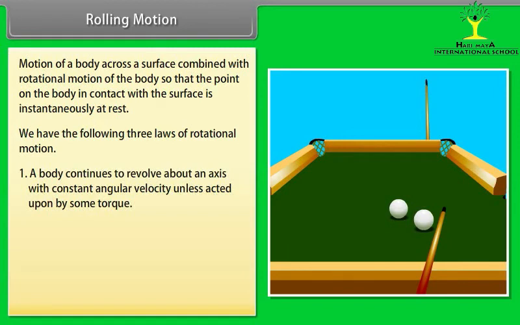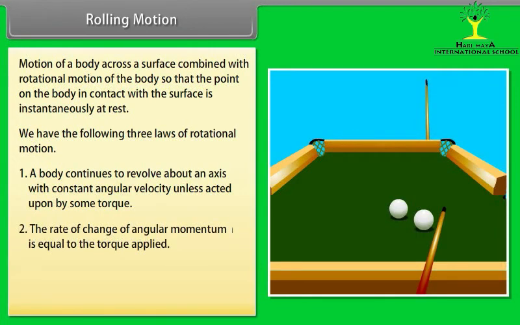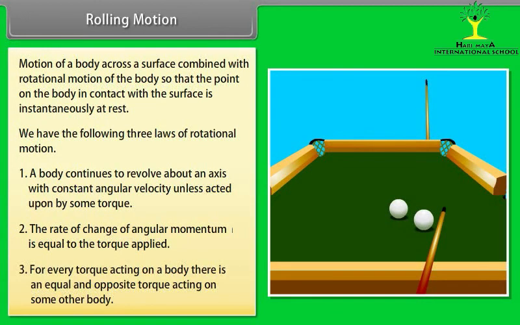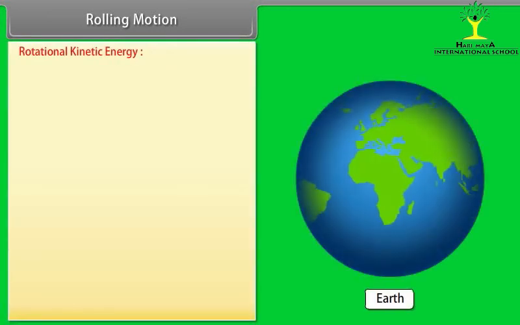A body continues to revolve about an axis with constant angular velocity unless acted upon by some torque. Number 2. The rate of change of angular momentum is equal to the torque applied. Number 3. For every torque acting on a body, there is an equal and opposite torque acting on some other body.